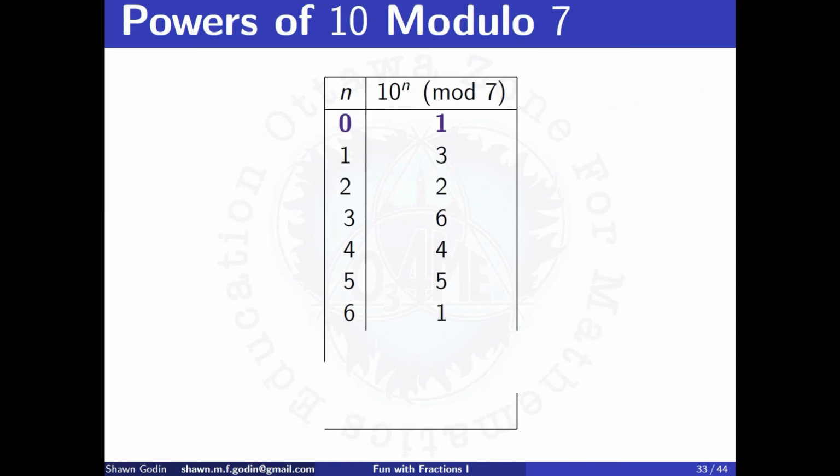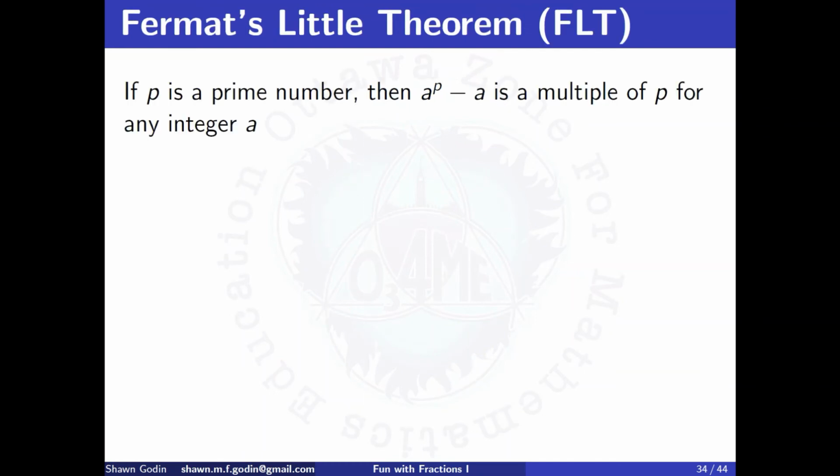Now if we look over at our table, my number was 10, which is 3. 3 to the 7 is congruent to 3, just like Fermat said.